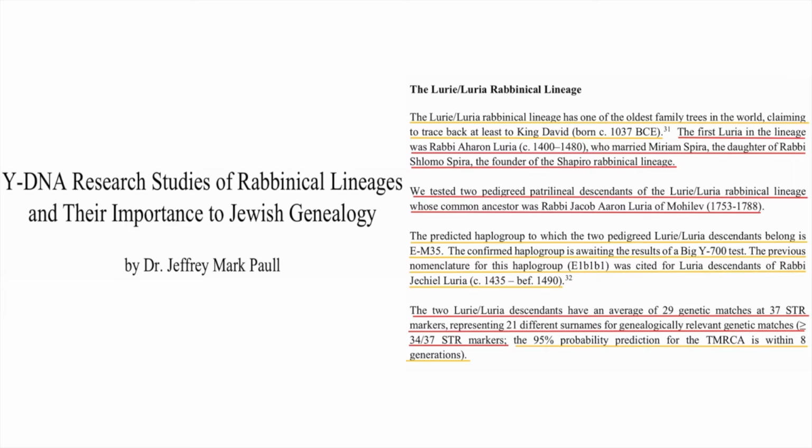We tested 2 pedigreed paternal descendants of the Loria rabbinical lineage, whose common ancestor was Rabbi Jacob Aaron Loria of Macoville, 1753 through 1788. The predicted haplogroup to which the 2 pedigreed Loria descendants belong is E-M35. The confirmed haplogroup is awaiting the results of the Big Y-700 test.